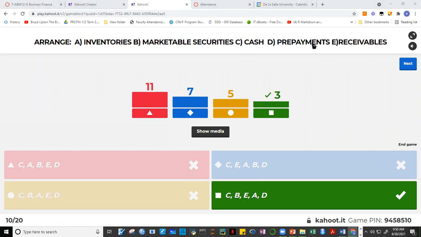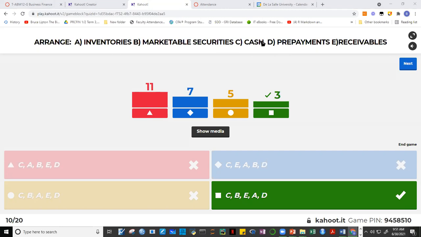Liquidity. Correct. According to liquidity. So the closer it is to cash, the earlier it will appear, no? So for all these current assets: cash, then marketable securities, then receivables, then inventories, then prepayments. Okay, that's how the current assets should be arranged.